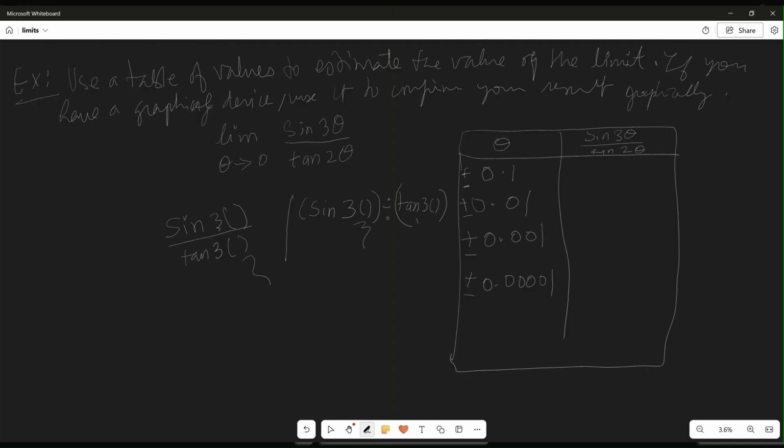you'll see the limit for this function is 1.45784694, something around that. And then for the next is 0.01.